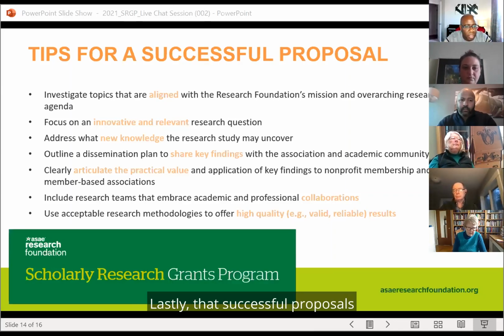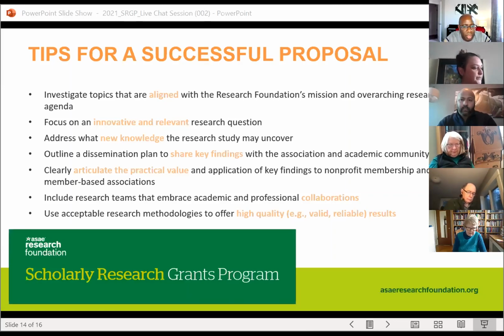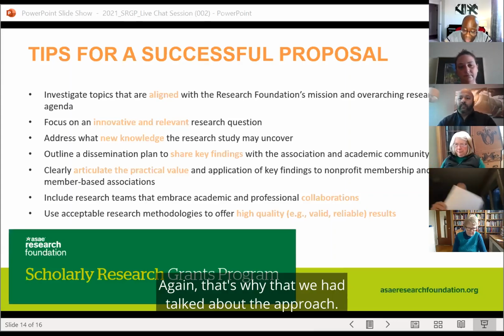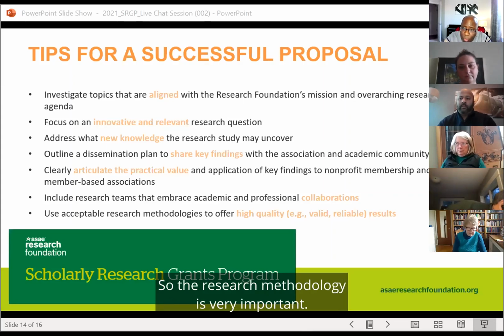Lastly, successful proposals use acceptable research methodologies to offer high quality, valid, reliable results. Again, that's why we talked about the approach. So the research methodology is very important.